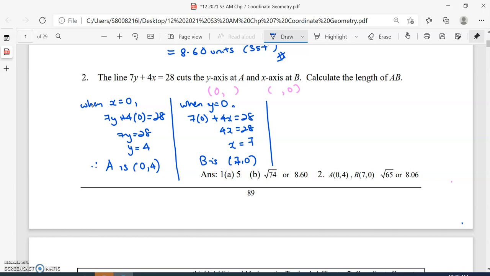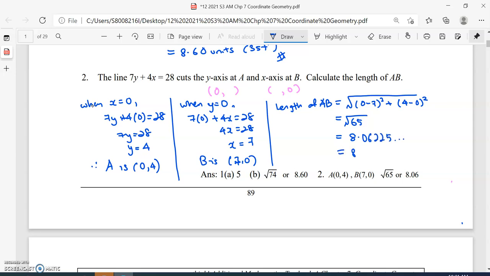With the coordinates of A and B, I can now formally find the length of AB, which is equals to square root of 0 minus 7 squared plus 4 minus 0 squared, which will then give me square root 65, which will give me 8.06225. This is a length, so I'm going to leave my answer as 8.06 units for 3 SF. Manageable, isn't it?